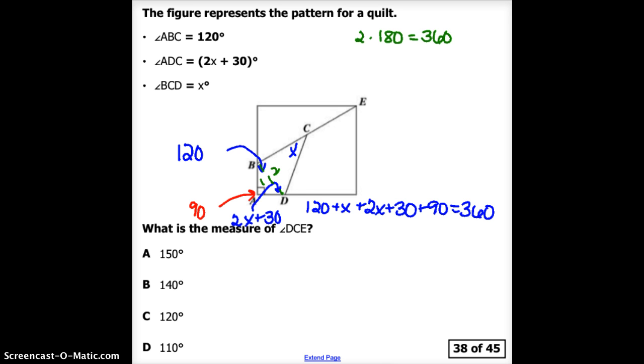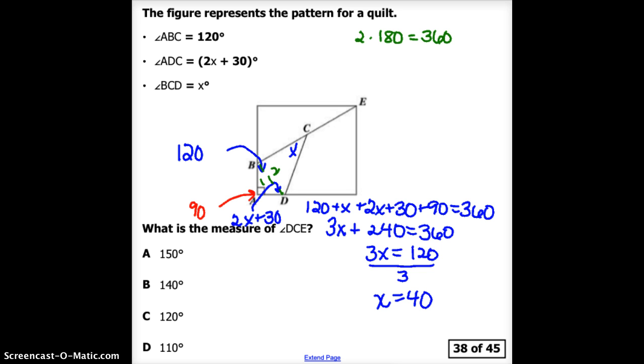Okay, and then I am going to add up those angle measures, so I get 3x plus 240 equals 360, and 3x would be equal to 120 if I subtract 240 from each side, and if I divide out by 3 I get x is equal to 40.